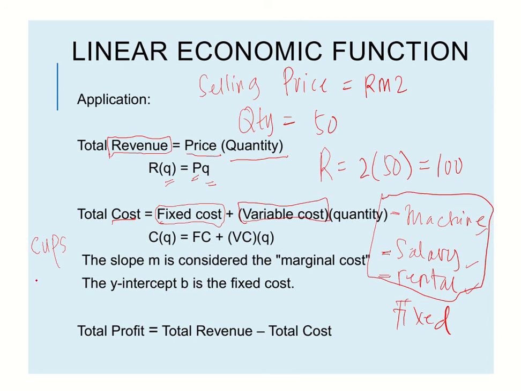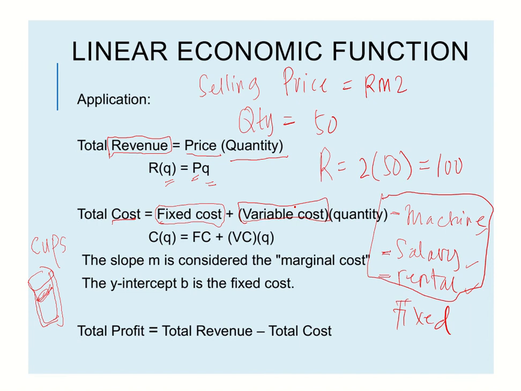The ingredient for the bubble tea. If you do not have any sales today, you don't have to pay for the ingredient, but if you have business, then you have to pay for the ingredient. So the ingredient will be the variable cost. The variable cost is the cost you pay when you have business.